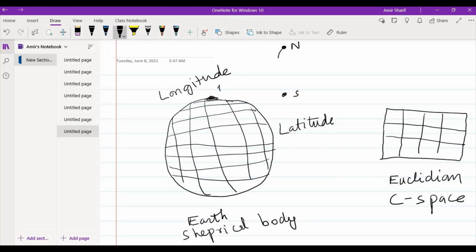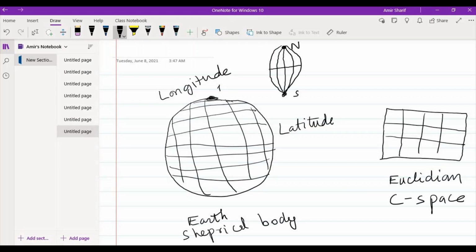You see that near the equator the longitudes have more spacing, but as you move toward the North Pole, this spacing becomes less and less.